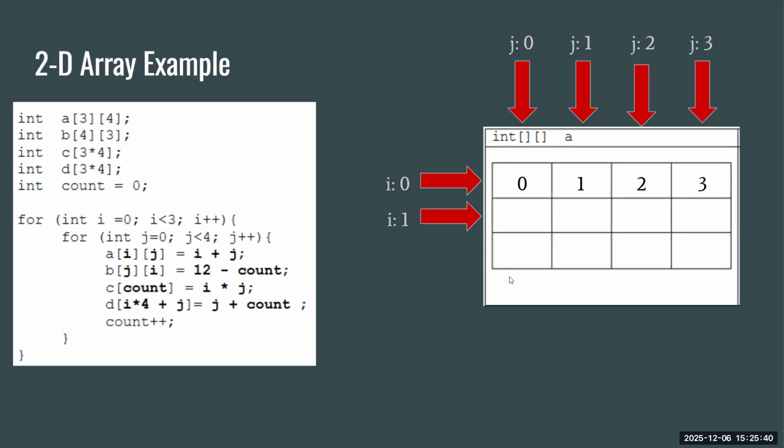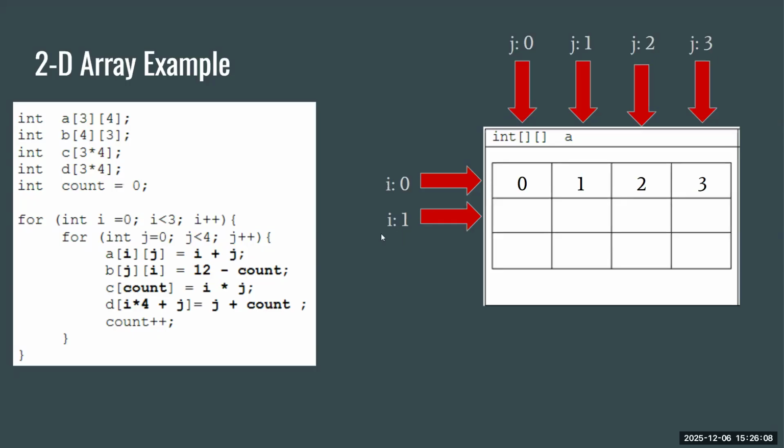Okay, we'll move on to the next one. Now that this inner loop has finished, the outer loop is going to increment and move on to the next iteration, when I equals 1. When I equals 1, it's going to move on to the next row. It's going to do the same thing as the previous row, but I is going to equal 1 now. j is going to start at 0, and then go to j equals 1, j equals 2, j equals 3.